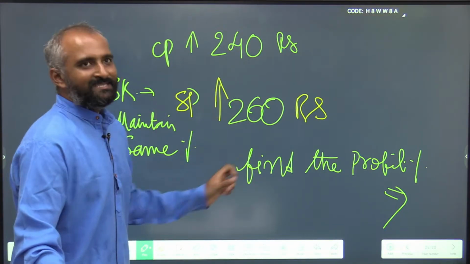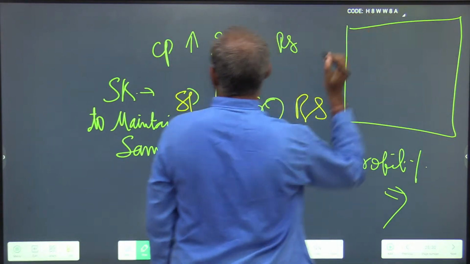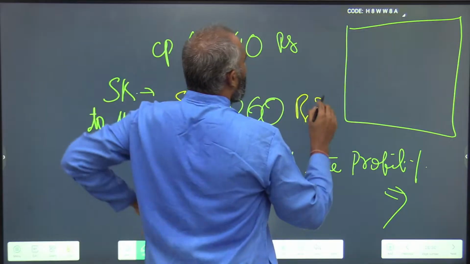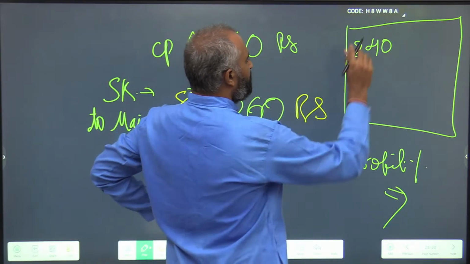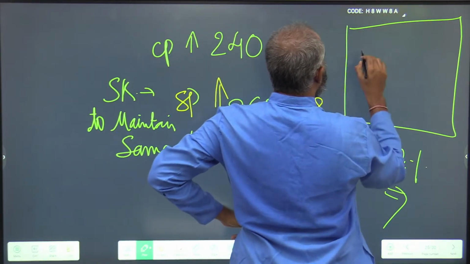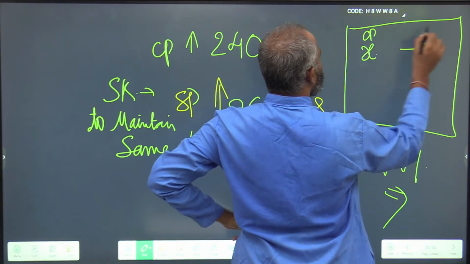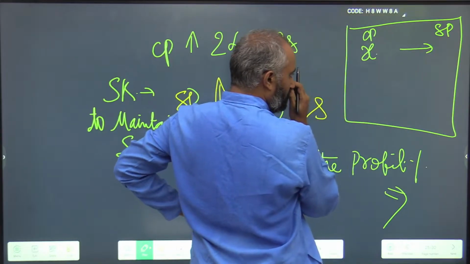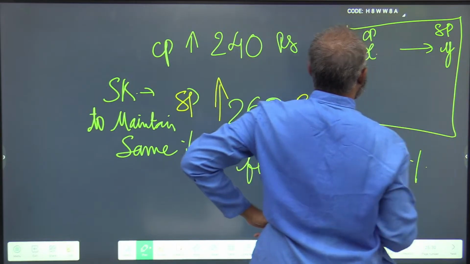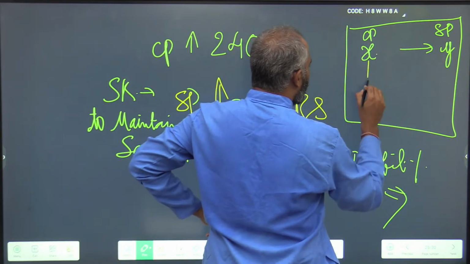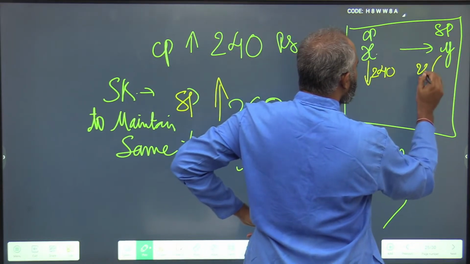Now the easiest way to solve this problem is just think in those parts. You see, 240 has been increased here. It was X, initial CP, and this is SP, Y. Now the change of 240 has brought in a change of 260 here.